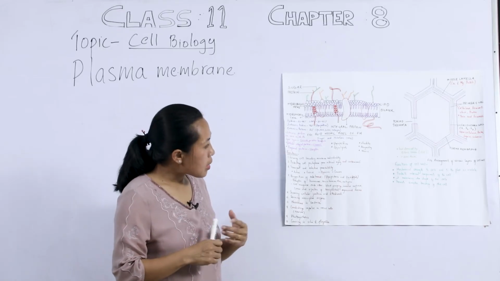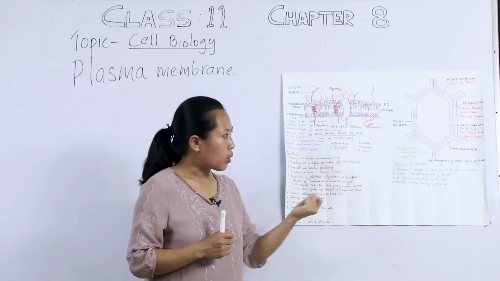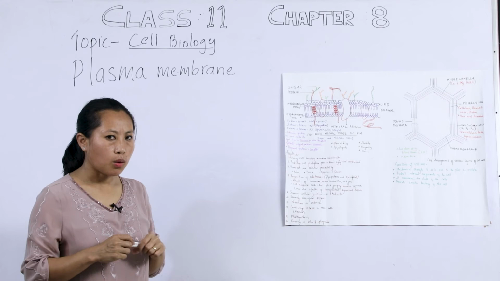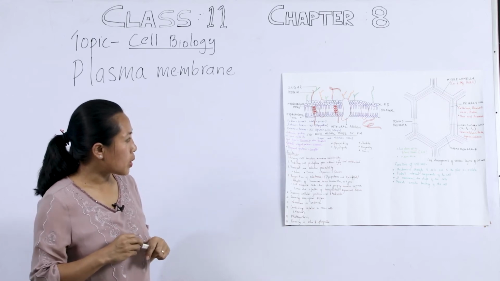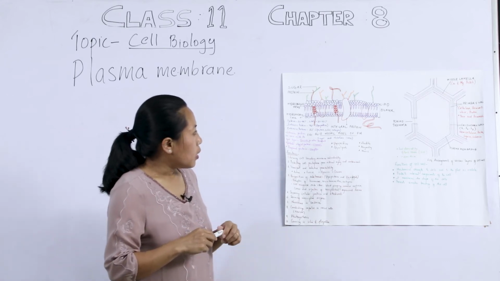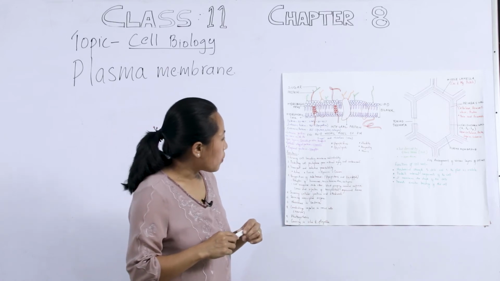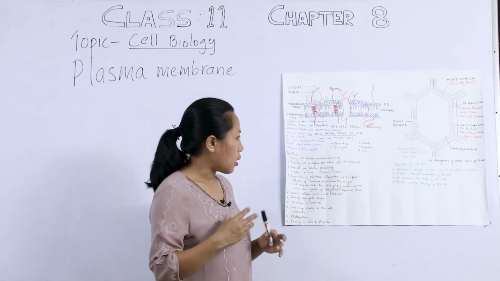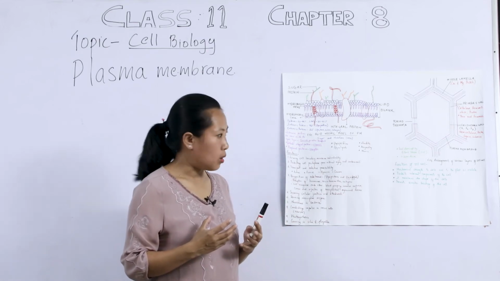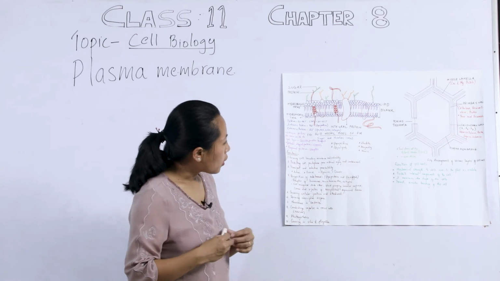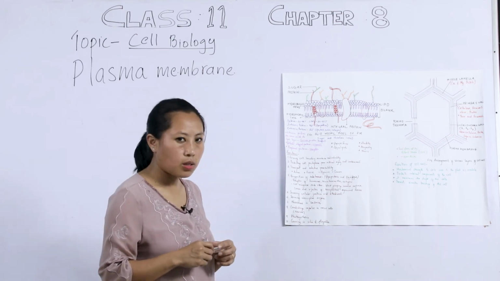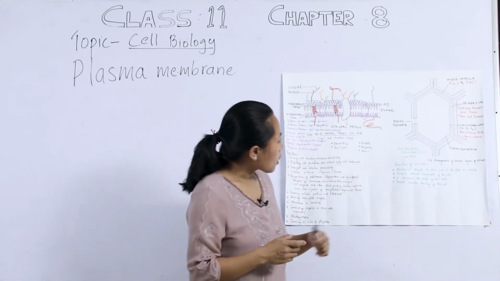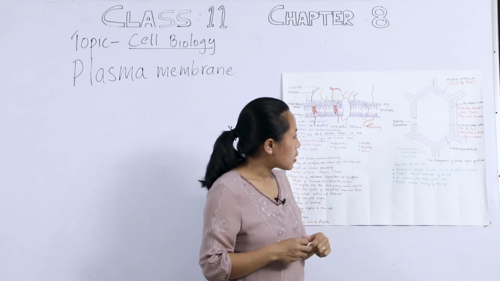Okay, so next is the cell wall. This cell wall is present only in plant cells. It is absent in animal cells. The cell wall was first observed by Robert Hooke in 1665, and it is about 1 to 3 micrometers in thickness, and it consists of 3 layers: the middle lamella, primary wall, and secondary wall.